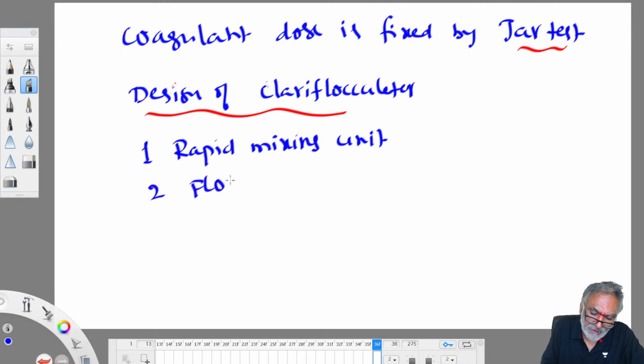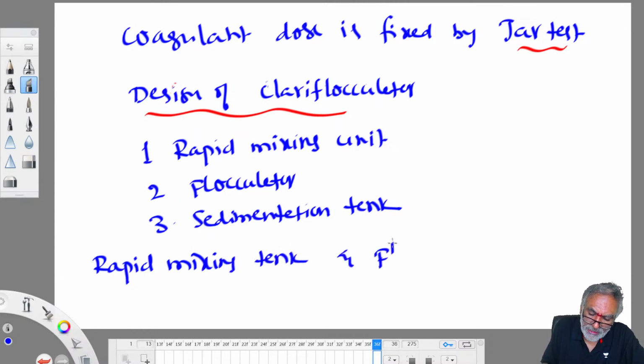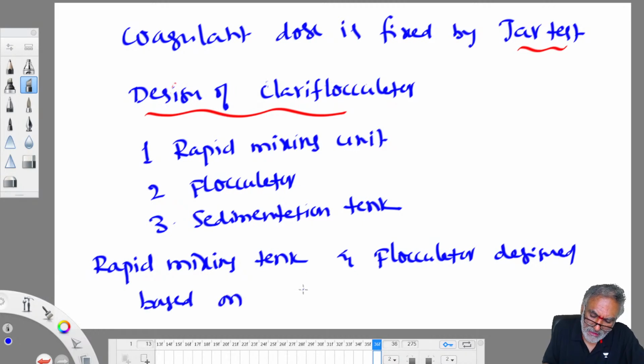Second is flocculator. Third is sedimentation tank. All these 3 things put together, it is called clariflocculator. So rapid mixing tank and flocculator, both of them are designed based on 2 things. One is detention time, second one is velocity gradient.